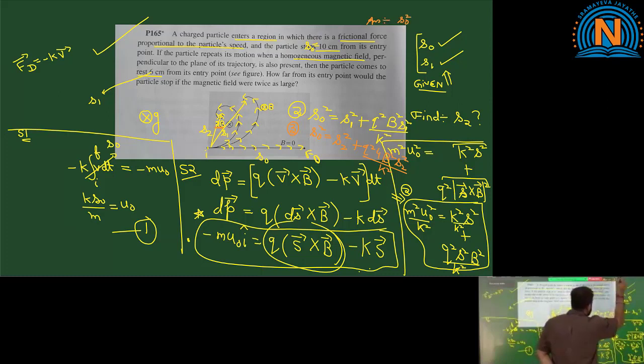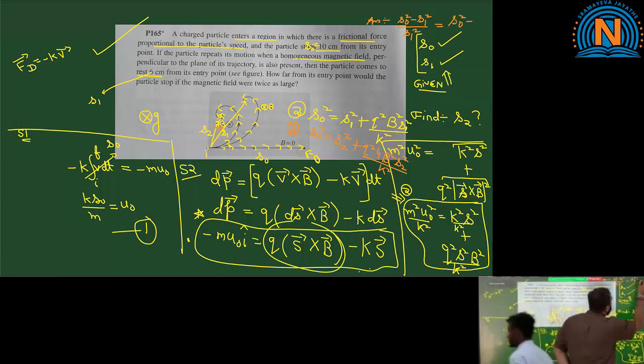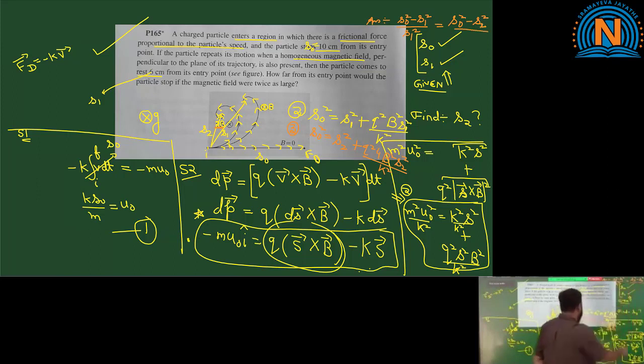So S0 square minus S1 square on one side divided by S1 square should be equal to the second term that I will write, S0 square minus S2 square, and I will divide this complete equation by 4s2 square. Now observe this equation very, very carefully.